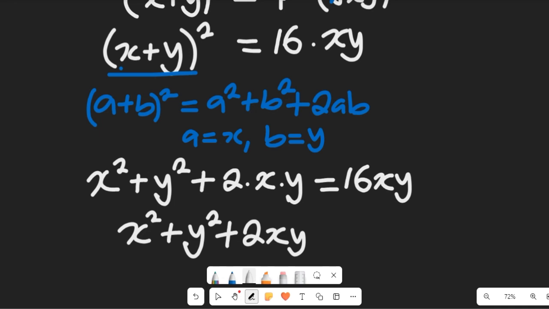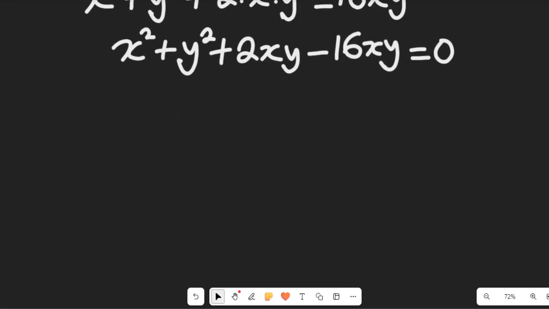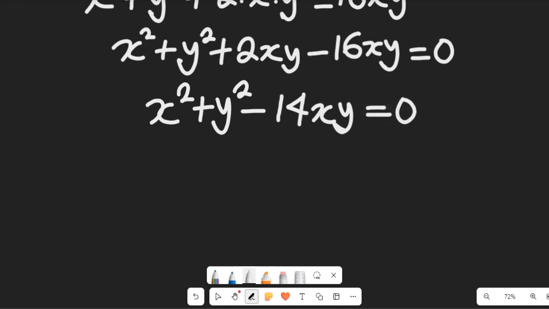Subtract 16xy from both sides, and this will be equal to 0. Great. Now this gives us x squared plus y squared, and 2xy minus 16xy is going to give us minus 14xy, and this will be equal to 0.